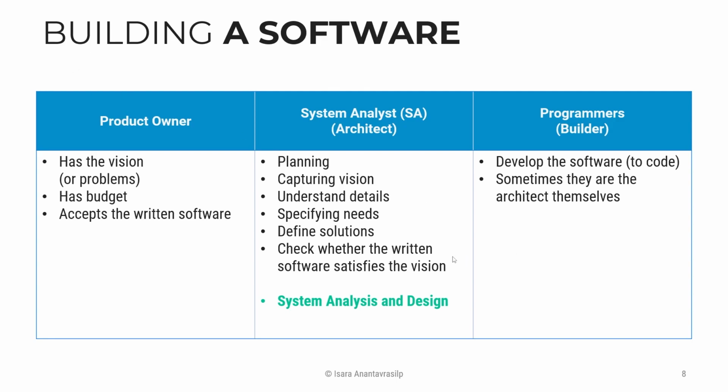After the software is mature enough, you can show it to the product owner. The product owner is going to say, I like this or I don't like this. He can accept or reject the project. Well, he is the one with the money, so he decides.